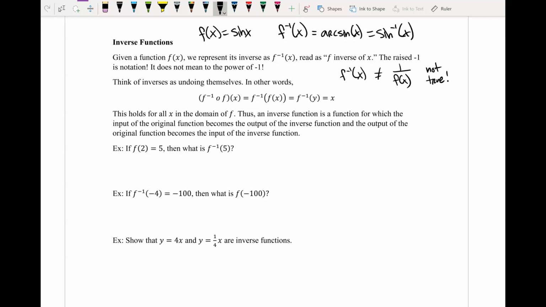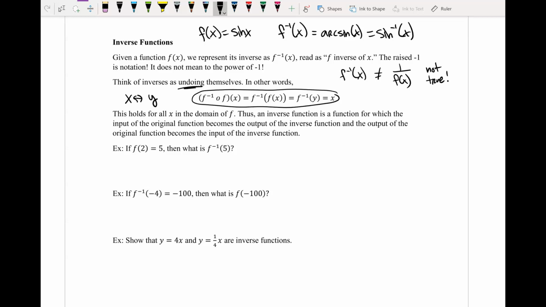In other words, if I plug in the function itself with its inverse, you actually end up getting the x value back. Imagine you're taking the x value and switching it with the y value, and then if you put the y value back into the x value, you get back the x. So these inverse functions basically undo themselves.